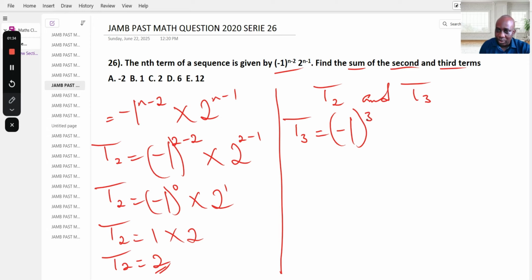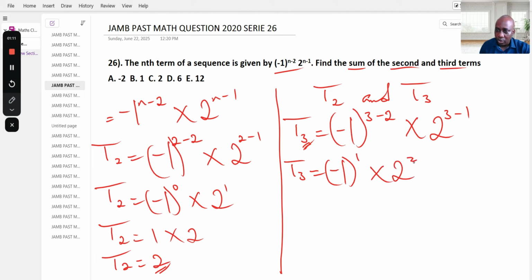Our n will be 3 because we are trying to find the third term. 3 minus 2 gives us 1, multiplied by 2 raised to the power 3 minus 1, which gives us 2. Therefore, this one will be minus 1 because it's to the power 1. 2 times 2 is 4. T3 is minus 1 times 4, which gives us minus 4.